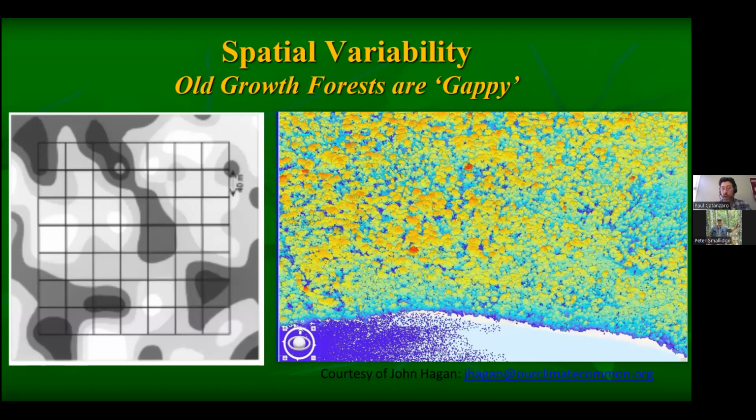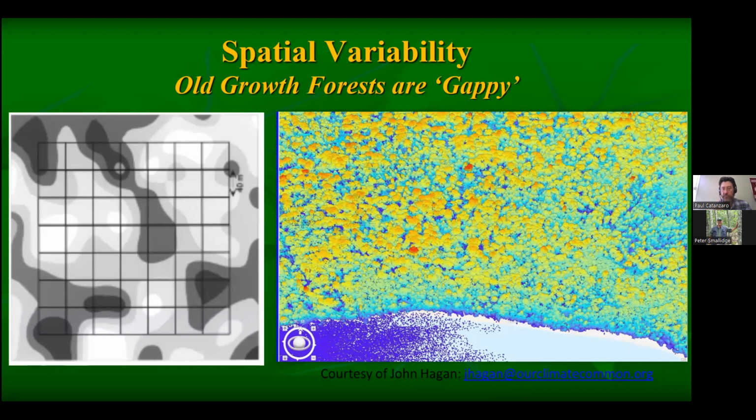And this picture on the right, I hope, illustrates and underscores this. This is a LiDAR map. So those trees, that handful of trees that are in red, are the tallest trees. The yellow and orange are the main canopy. And then the blues and greens are trees that are shorter. And again, what I'm hoping you'll gather from here is just the gappiness or the patchiness of these old growth forests.